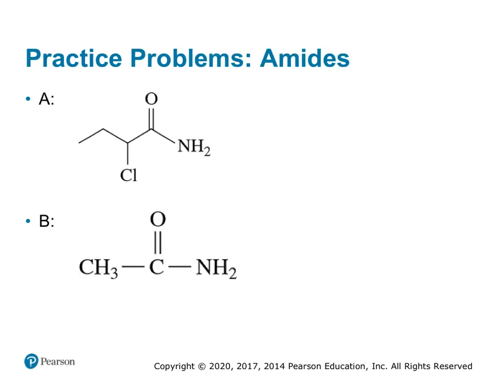So looking here at what maybe their names might be. So I've got 1, 2, 3, 4 carbons. So that starts with butanoic acid.